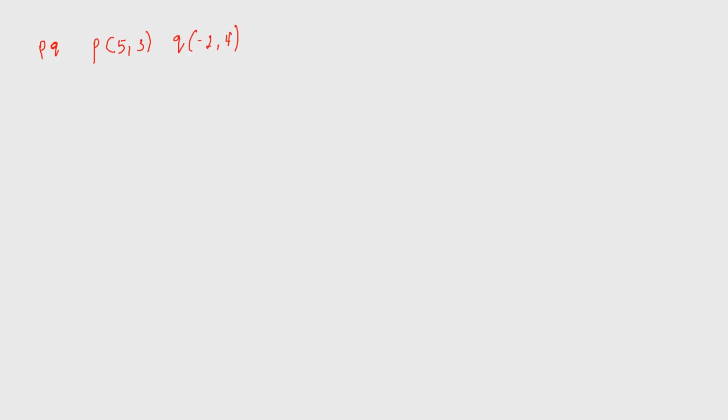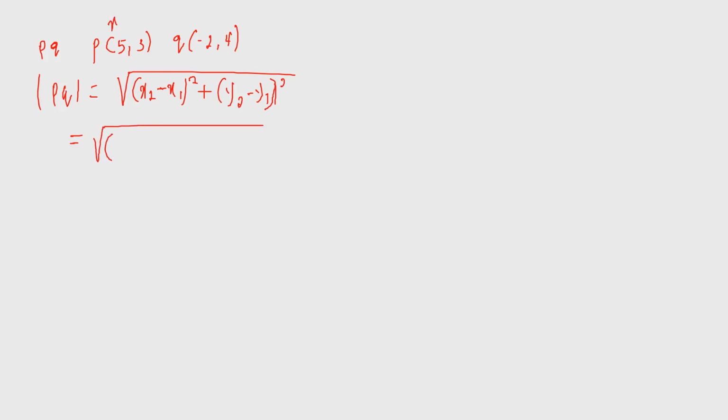So for you to get the distance between these 2 points, your PQ is going to be, don't forget our formula, the square root of x2 minus x1 squared, then plus y2 minus y1 squared. So here is your x1, this is your y1, here is your x2, this is your y2. You can leave it like that, it will really help you.